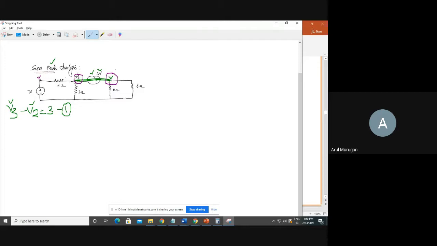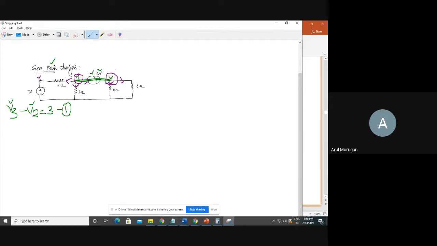So first, here you are going to assume the current moving in outward directions. Here also outward directions. First write that for both nodes, then write the equation.